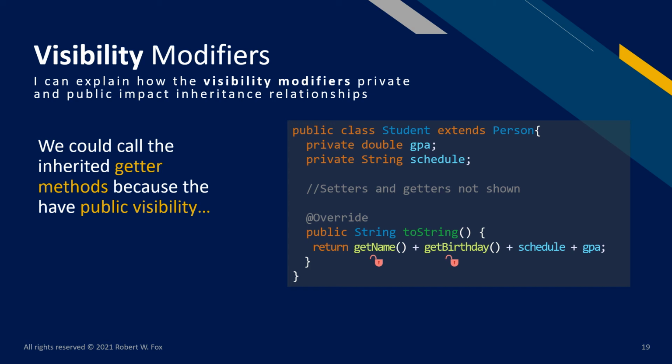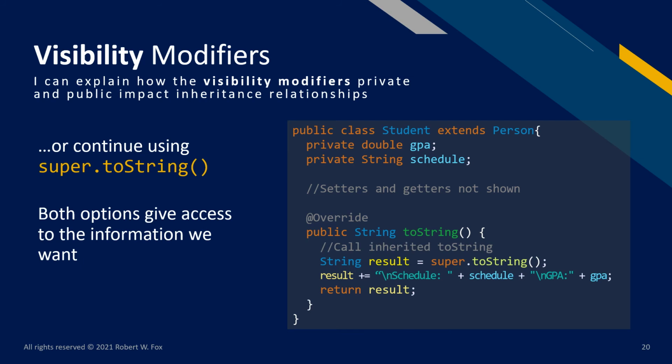And this means that the only way to access these inherited values is through things that are public. And there's a couple of ways to do that. One of them is that we could call the inherited getter methods. Remember, not only do we inherit the variables, we inherit the methods, and the getters are public, so we can call those and access the name and the birthday that way. The other option is to continue using the call to super.toString as we saw previously.